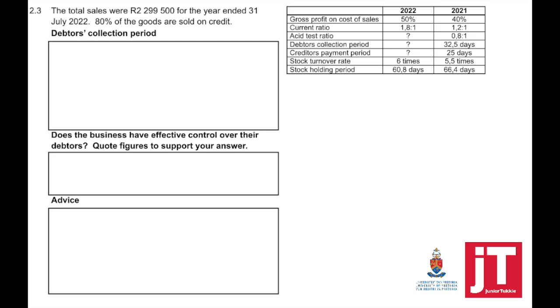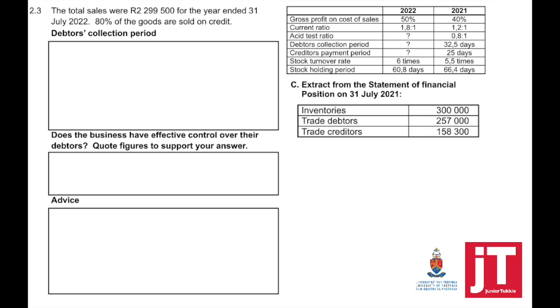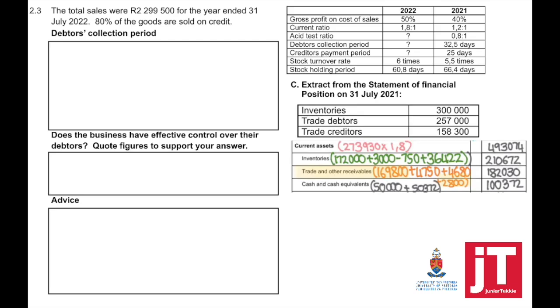We want to see what is the collection from our debtors, those customers who bought on credit. That's why we need to find out our credit sales. So step number 1, to find out your credit sales, we are going to take the total sales times 80%.